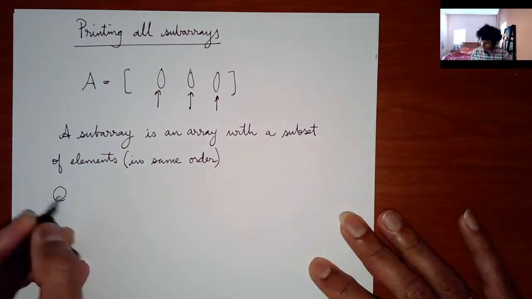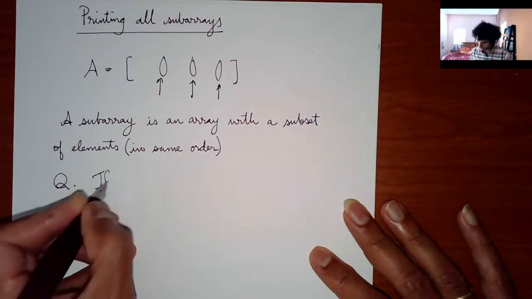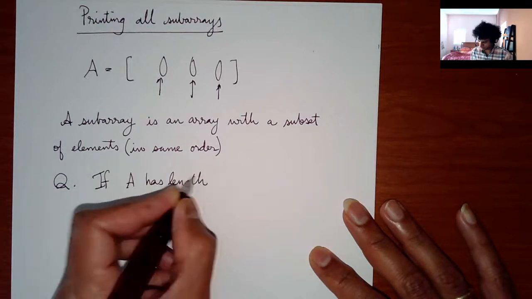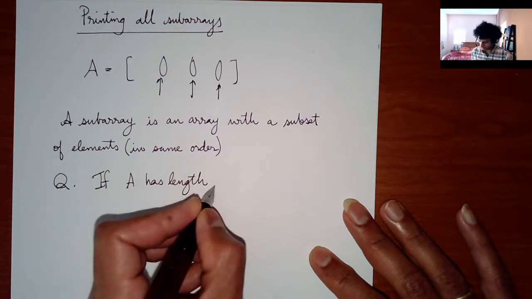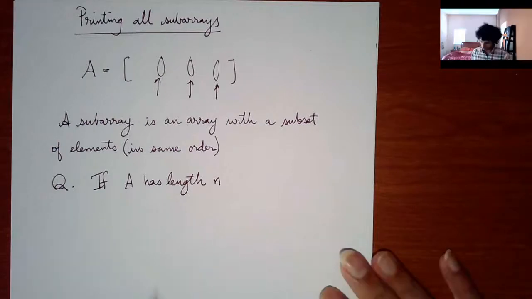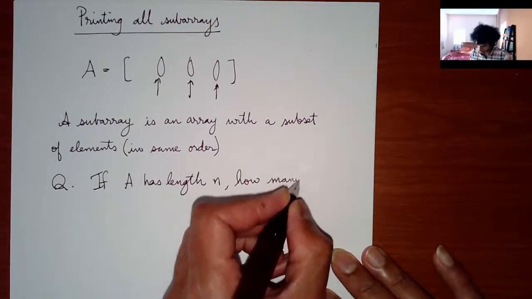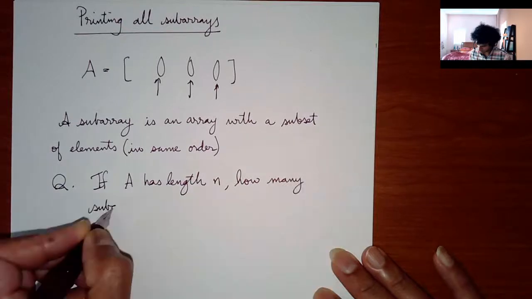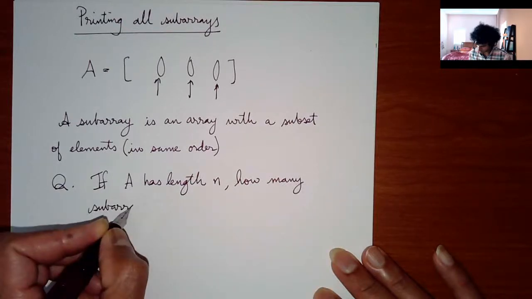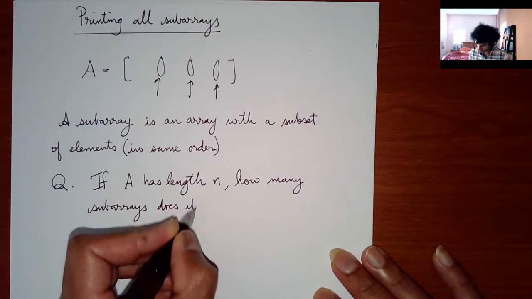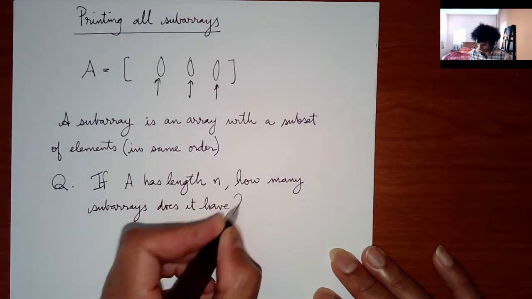Now let me ask you a question. I'm going to poll you. If A has length n, so there are n elements in this array, how many subarrays does it have?